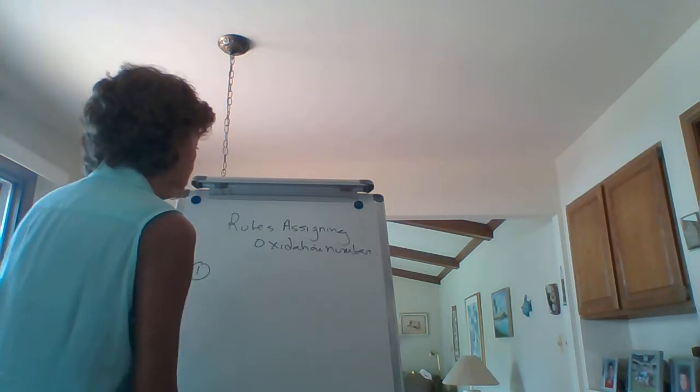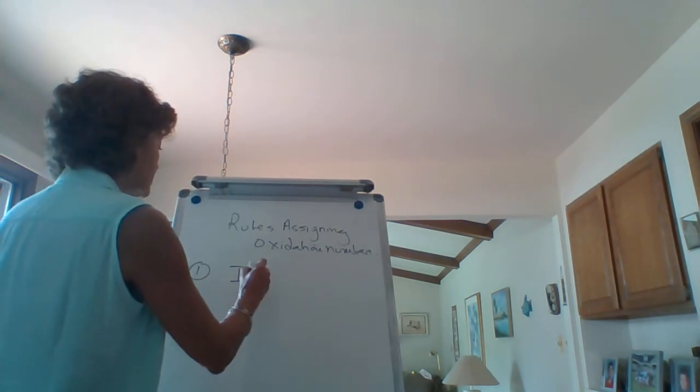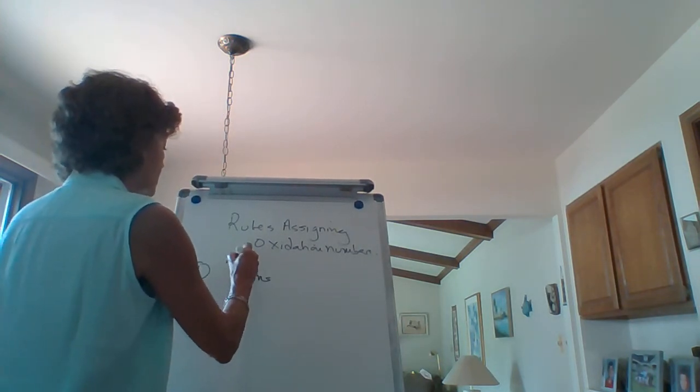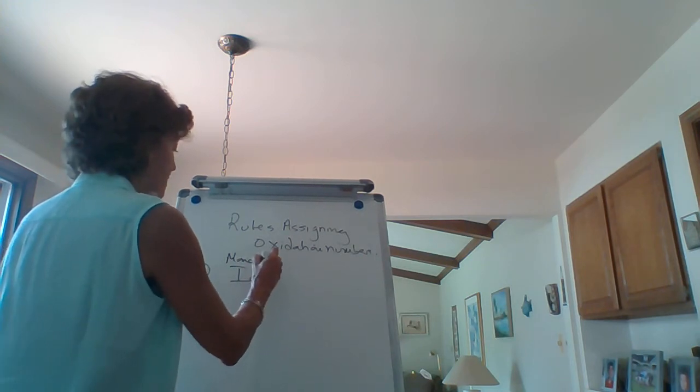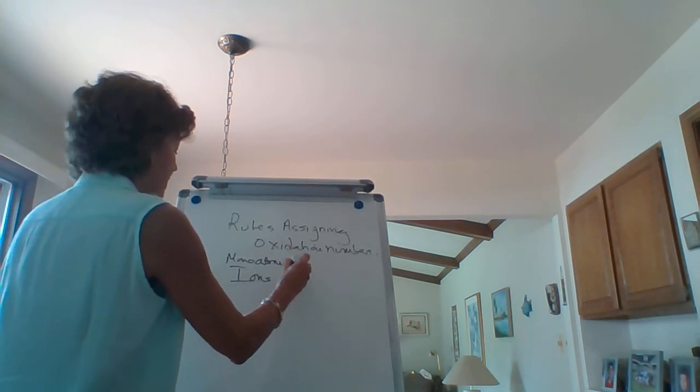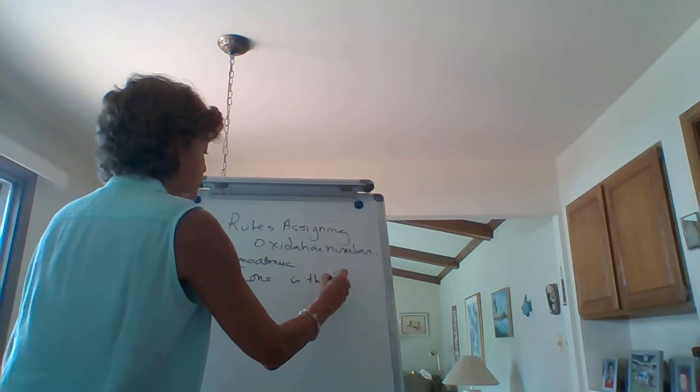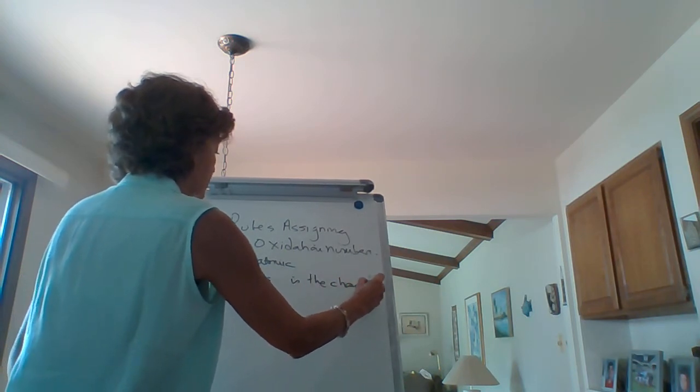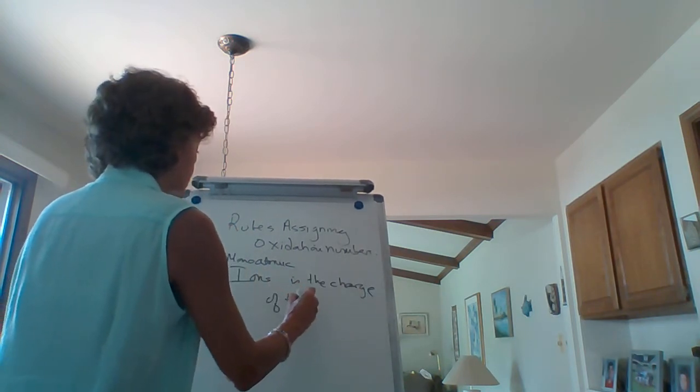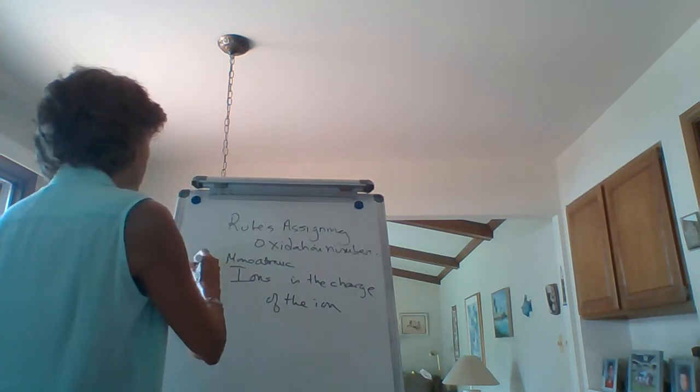The oxidation number of monoatomic ions is the charge of the ion. So that would be rule number 2.